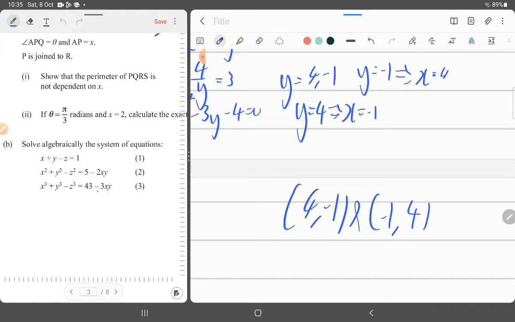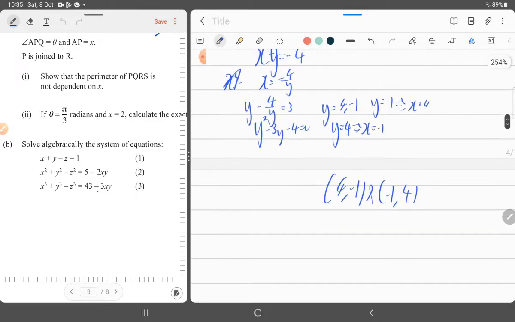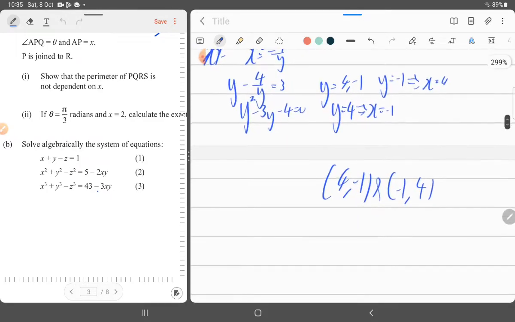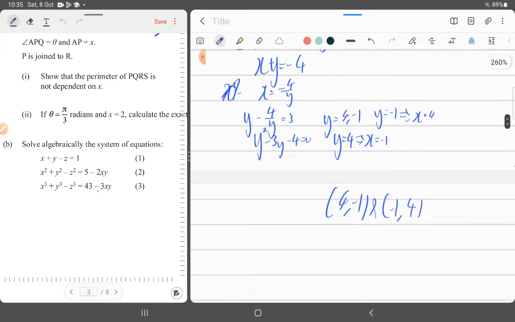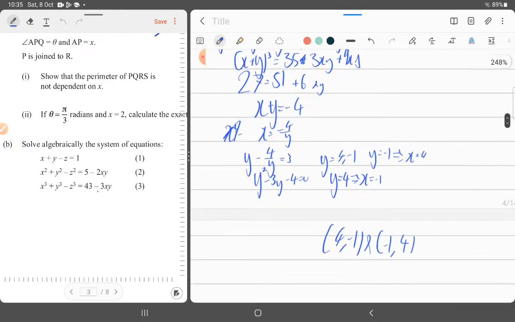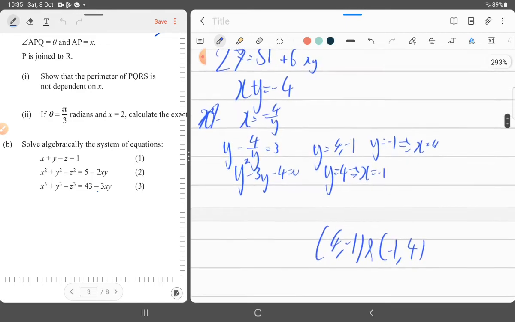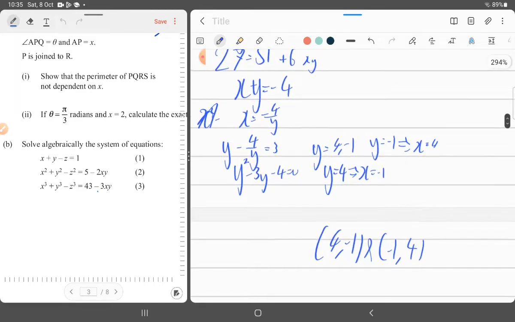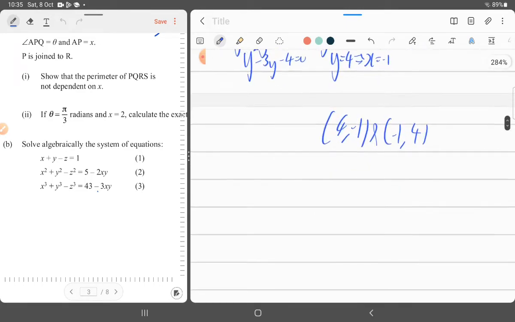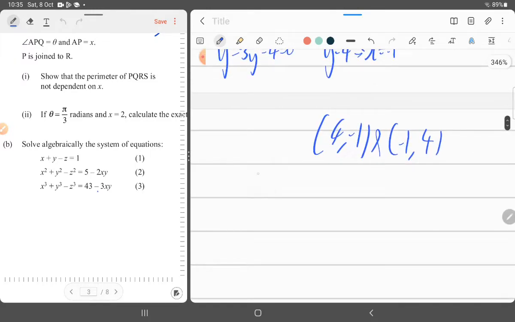So 4, -1 and -1, 4 are the two solutions, I believe. Is it possible to create any other solutions? I don't think it's possible to create any other solutions. Yeah. Right, no, so 4, -1, 2 and wait, actually no, this is cubic.